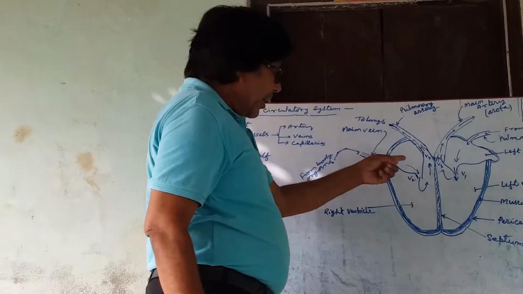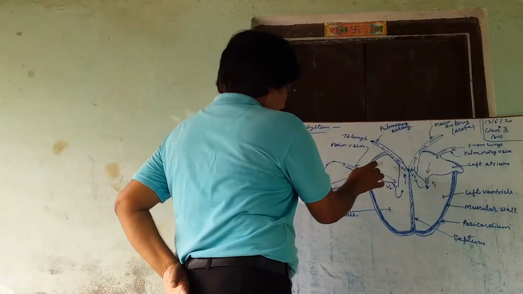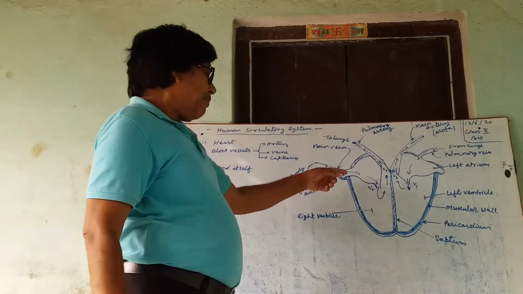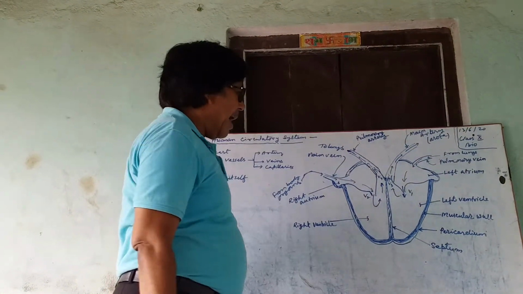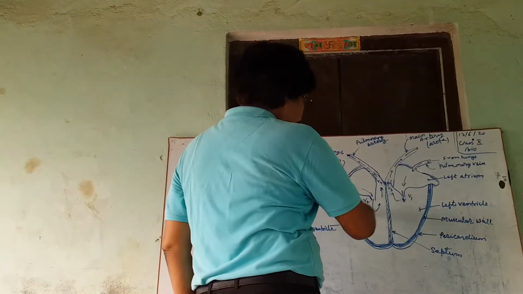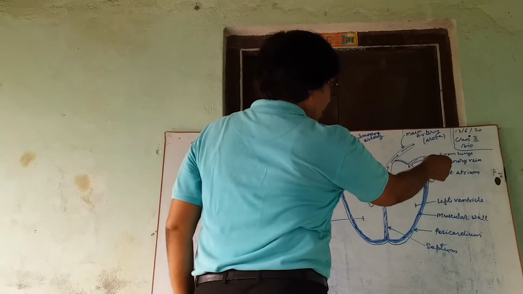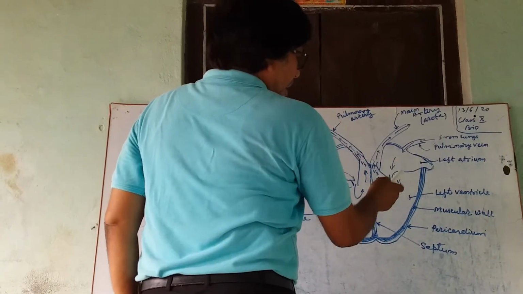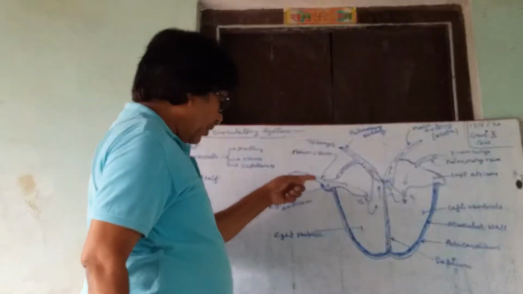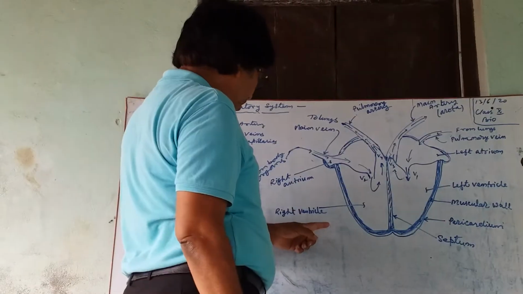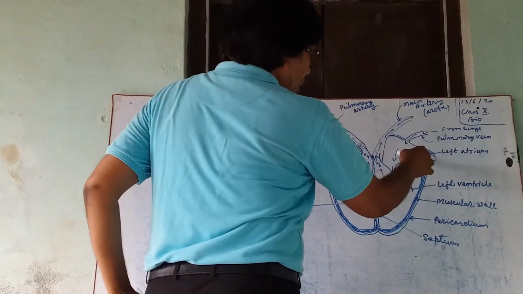the blood from the right atrium enters into the right ventricle, and from the left atrium into the left ventricle.